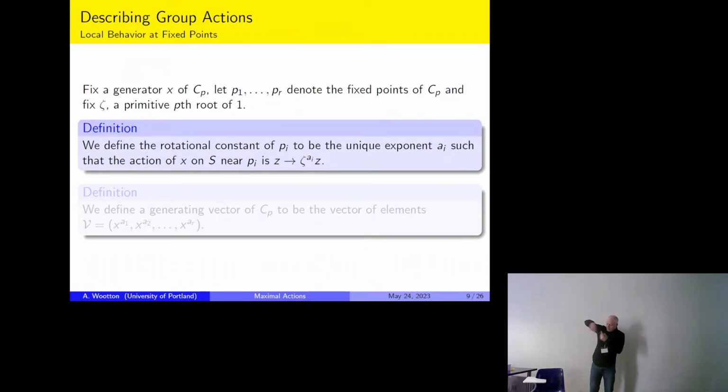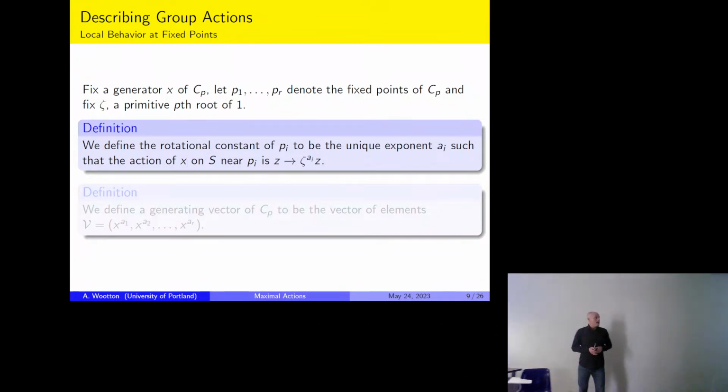At any point, the generator is going to act like rotation through some primitive pth root of unity. So if I fix this x and I fix zeta, a primitive pth root of unity, then the rotational constant of a fixed point is defined to be the unique exponent of that primitive root of unity such that the action looks like that rotation close to that point.